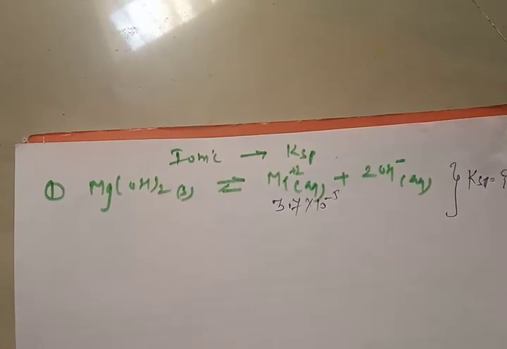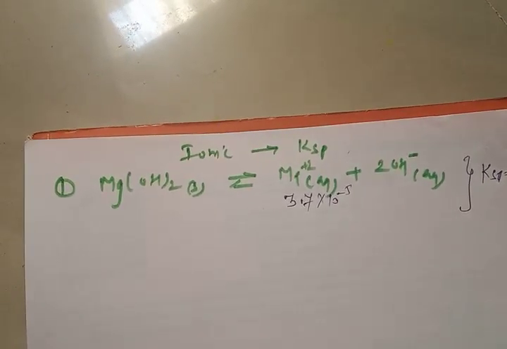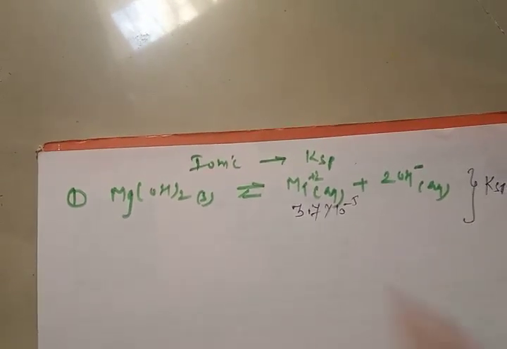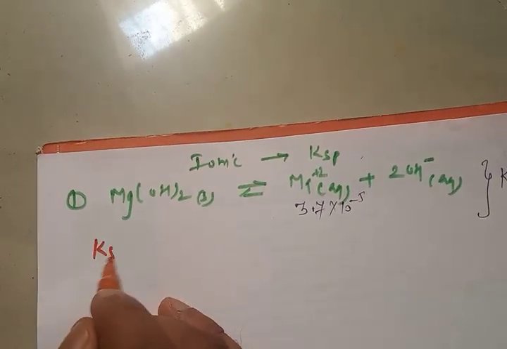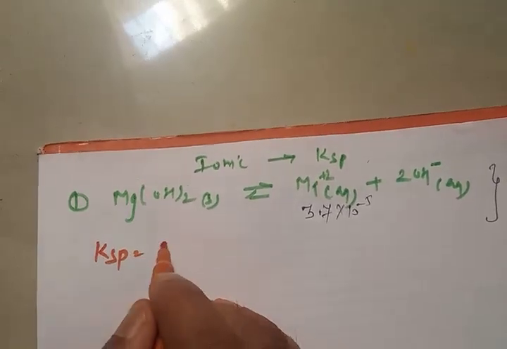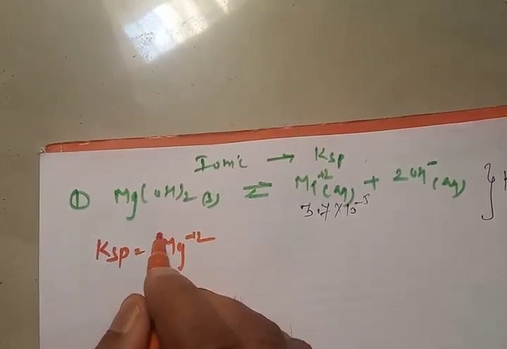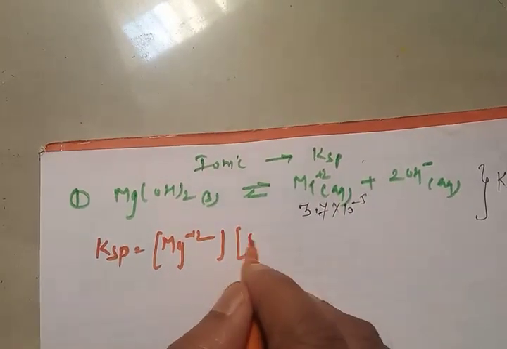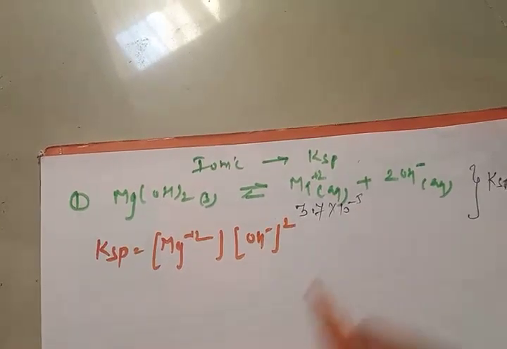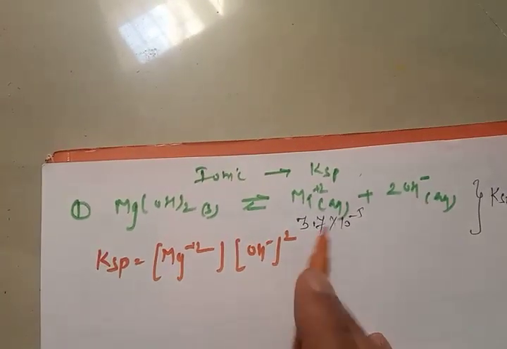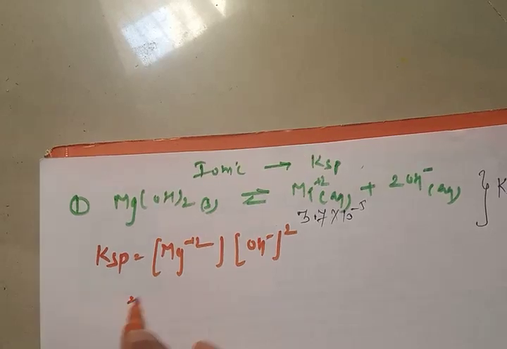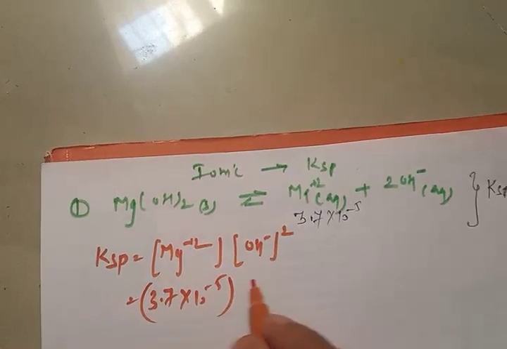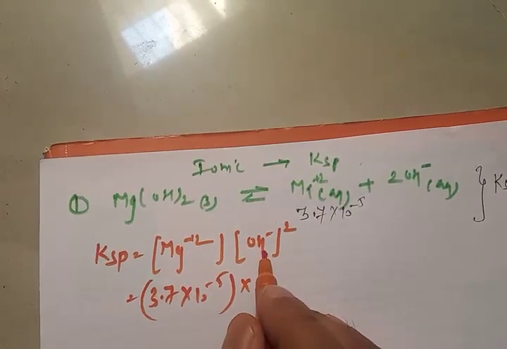Okay, now what you will do, simply we will go for the formula of Ksp. For that formula we know that Ksp is [Mg2+] times [OH-] squared. We know the value of Mg2+, 3.7 × 10^-5, and we don't know the value of OH-.